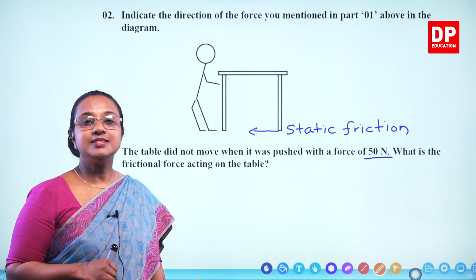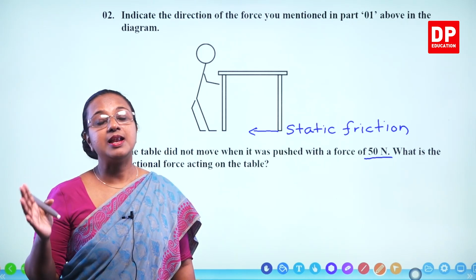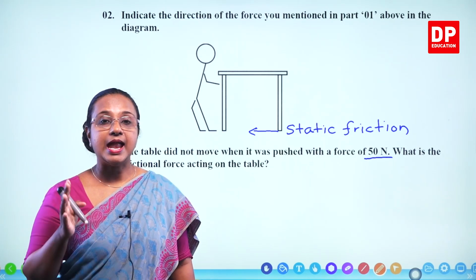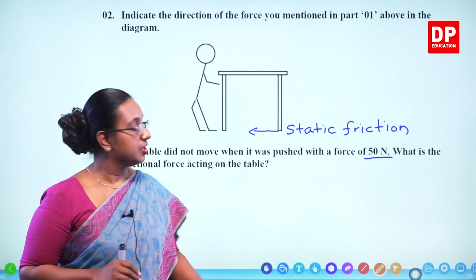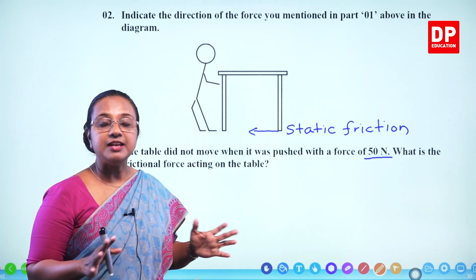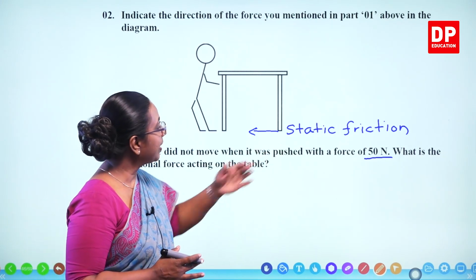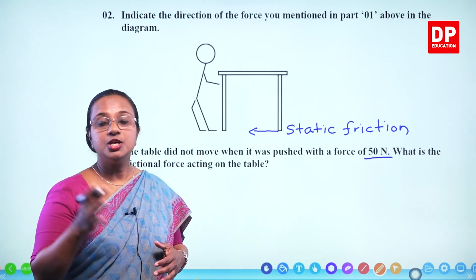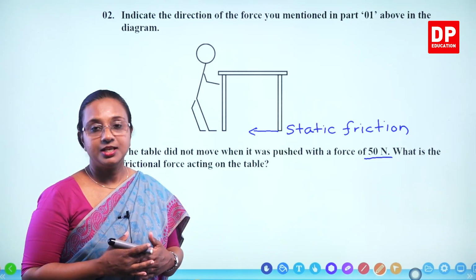You know, students, according to Newton's law, until an unbalanced force is applied, an object at rest remains stationary. So here the object did not move. That means there is no unbalanced force. Applied force is 50 Newton, so the frictional force has to be 50 Newton.